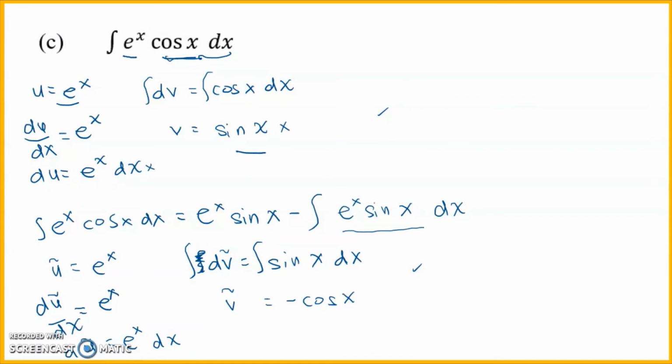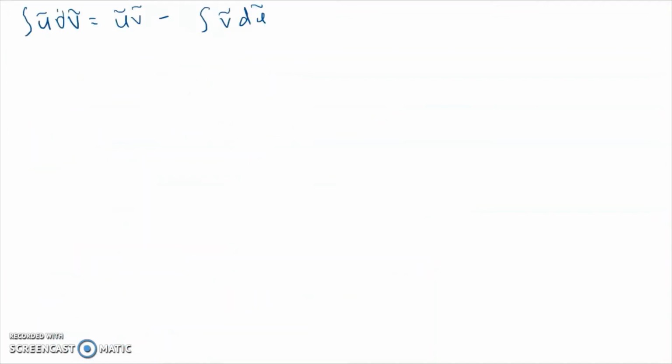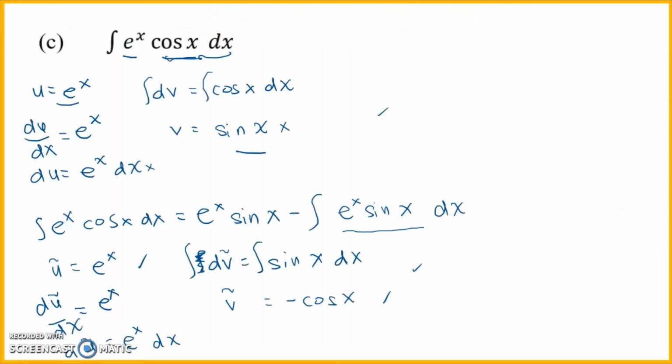Okay, so now is uv. I pick this one, uv. So it's negative e to the x cos x. So this is negative e to the x cos x. Then v tutor is negative cos x, and du tutor is e to the x dx.